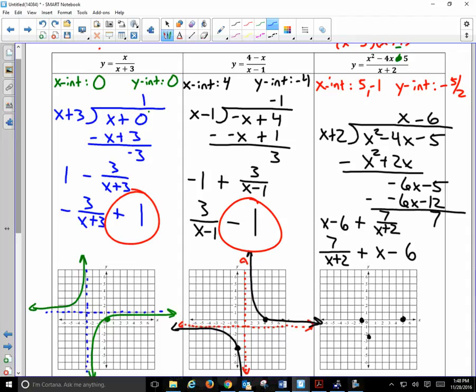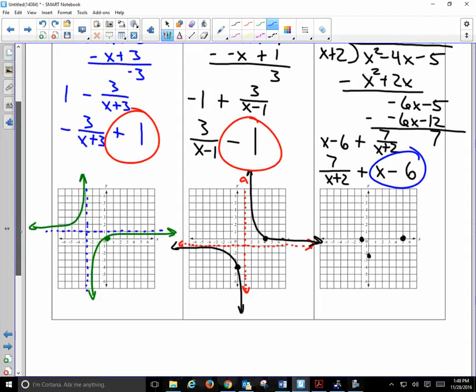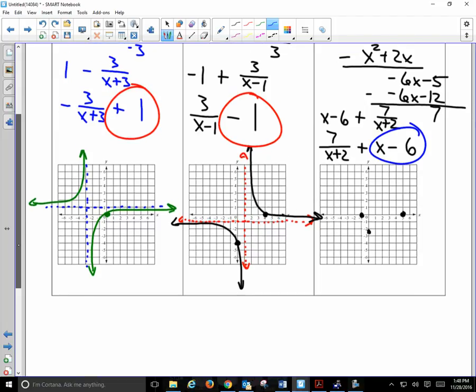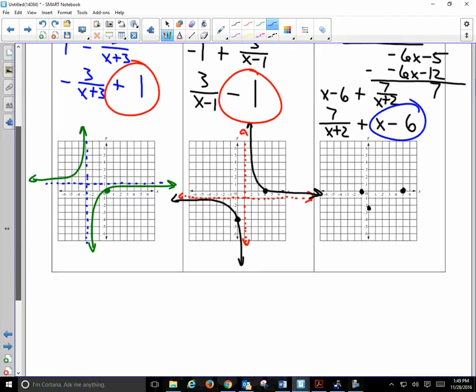Look back at our work. This one wants to look like y equals 1. This one wants to look like y equals -1. This one wants to look like x minus 6. What does that look like? It's a line with a slope of 1 that passes through -6. Yeah. It wants to look like this.